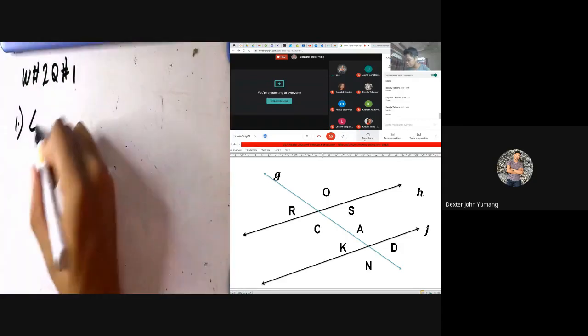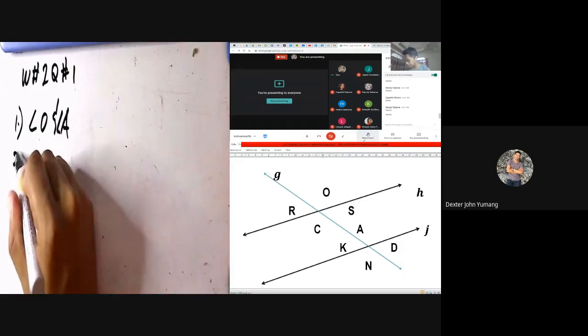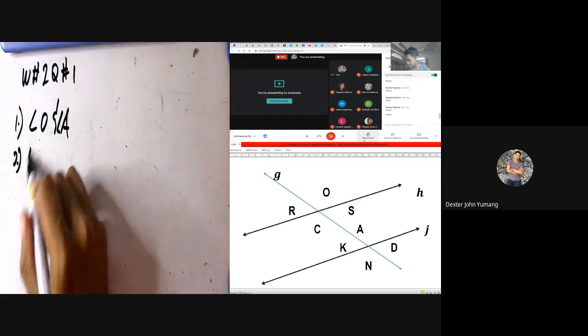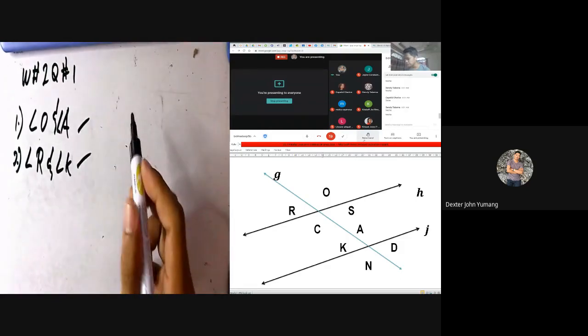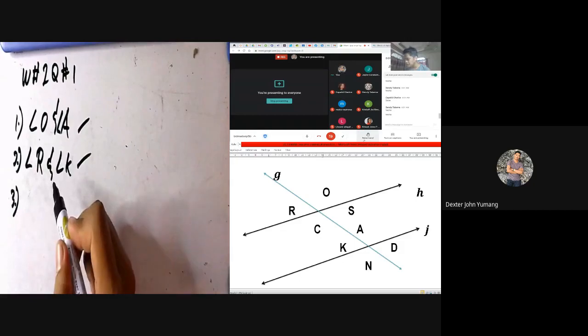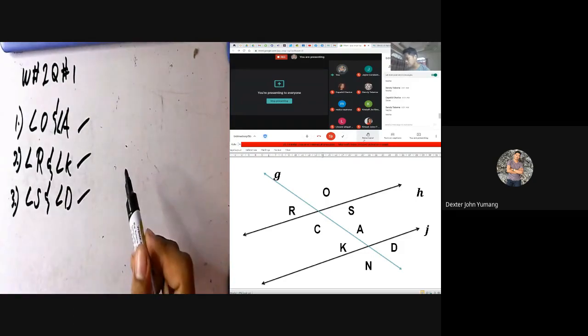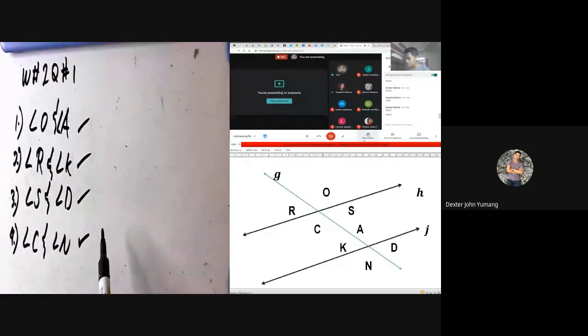So we have angle O and angle A. Next, we have angle R and angle K. Next, we have angle S and angle D. Next, angle C and angle N. Okay, these are the corresponding angles. So we have 4/4 for the corresponding angle.